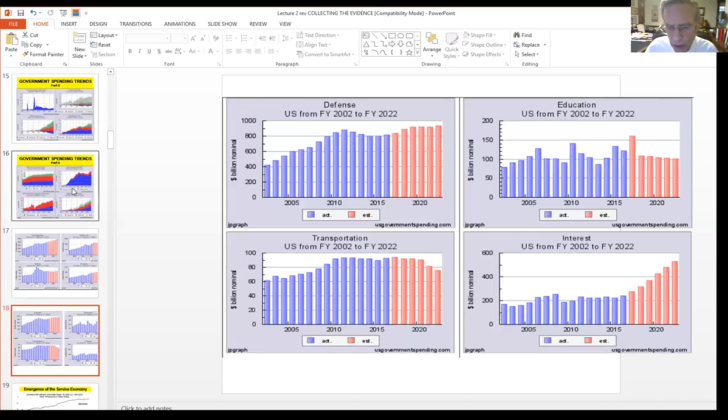But you can see that spending for transportation, airports, railroads, highways, has been pretty flat for the last decade, right? Or the current decade. From 2010 to 2020, we see here to be pretty flat. On the order of about $90 billion and projected to decline to 80 or under 80. Again, legislation is pending to raise that.